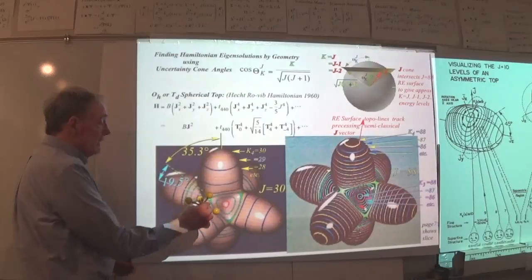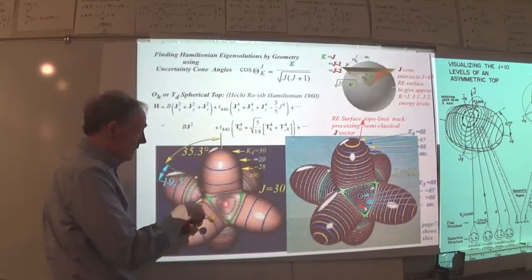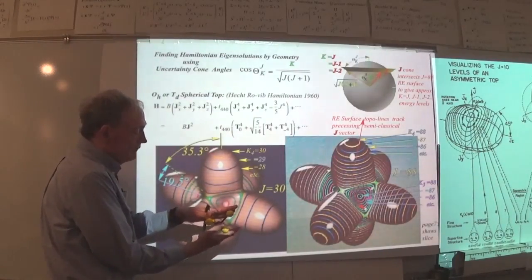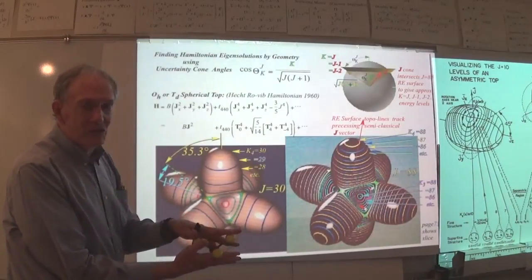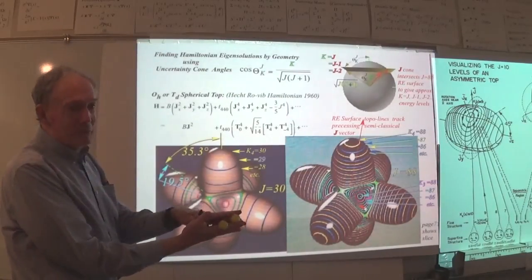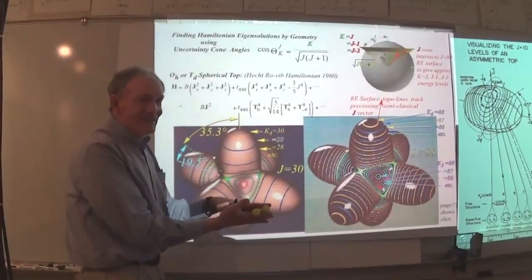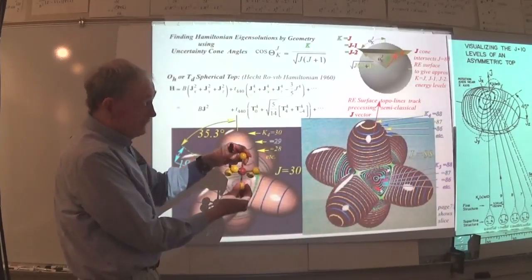Now remember what I said about this region right here being the region which, if I put the J around that axis, that has a tremendous effect on very weak radial bonds, so the molecule tends to flatten, not by that much, you can probably hardly see it in these types of things that we're doing, but just to make a point, I'll flatten it. That's what would happen with J equal zillion, all right? But for J equal 30, it's a lot more than it's going to stretch in this way.